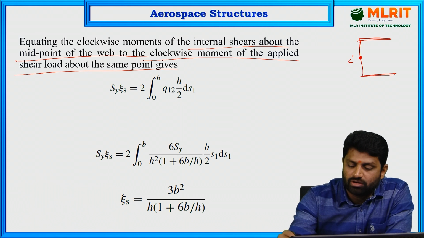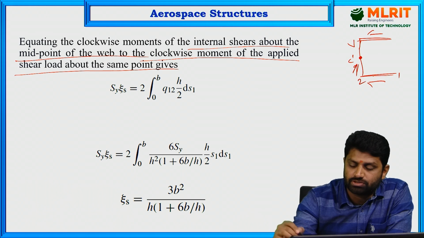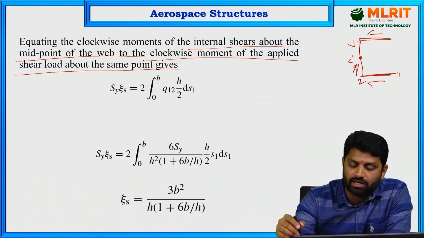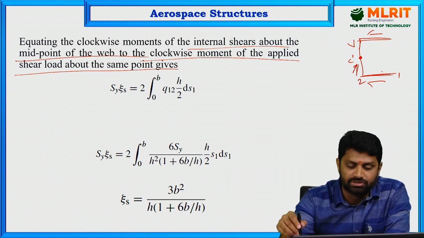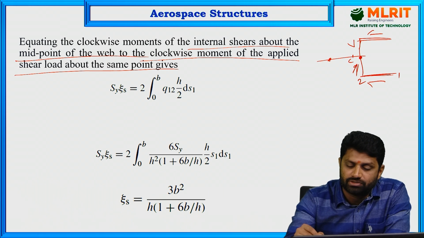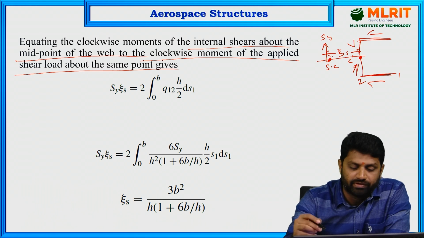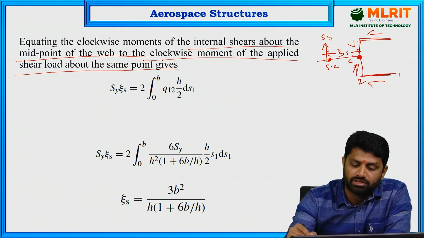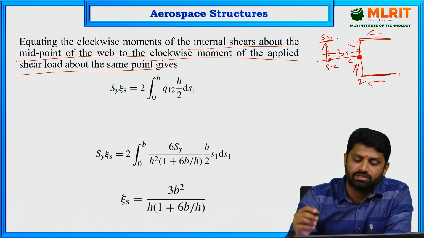So here we got the shear flow distribution, this is 1, this is 2, and we are considering the distribution straight away, and then we got the shear center here, which is SY, and the distance here is zeta S. So when you try to calculate moment about the shear center, first we write the moment due to shear SY.